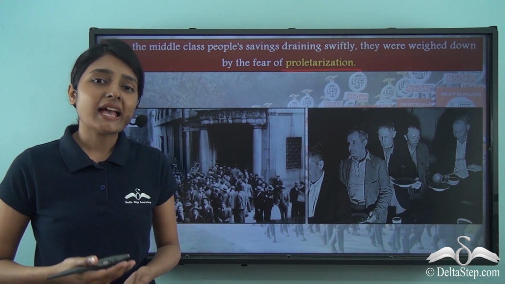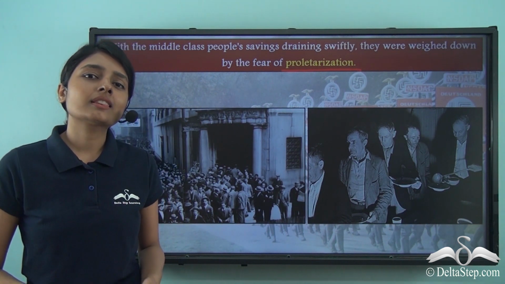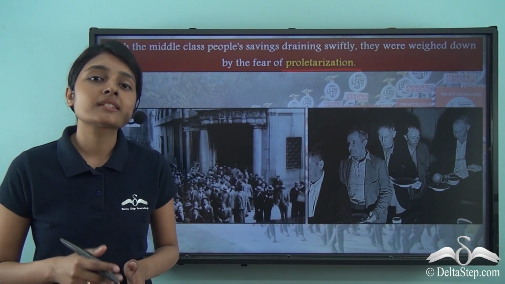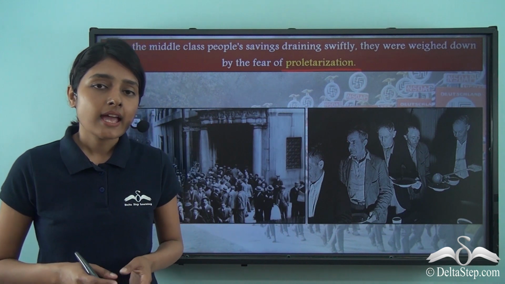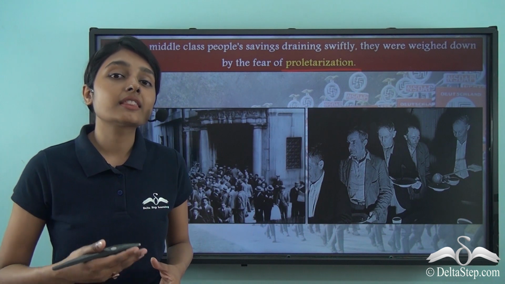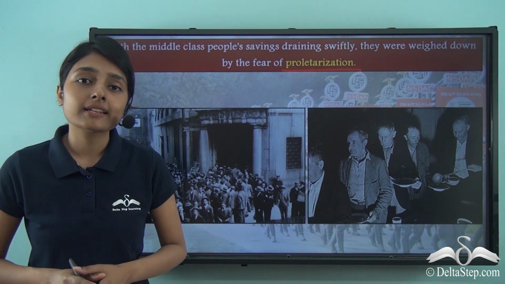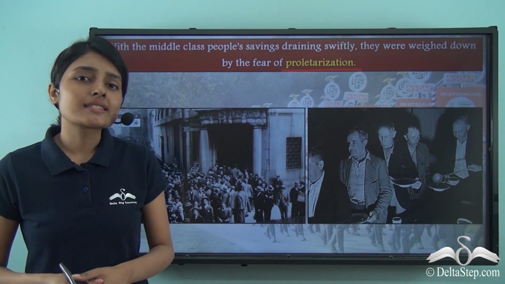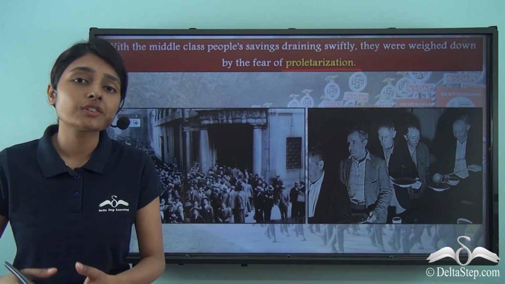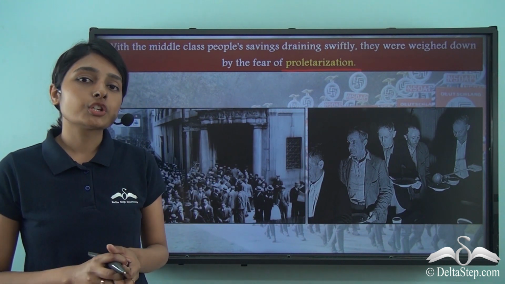The rich people as well as the middle class people in Germany saw their resources, their wealth draining very swiftly, because most of these people lost their employment and they were banking on their savings, and their savings were also being depleted, which is why they were now fearing that they would be reduced to the status of proletariats or the working class members. Or even worse, these people were thinking that they would be absolutely penniless and they would have to beg on the streets. So the fear of proletarization gripped the German masses.